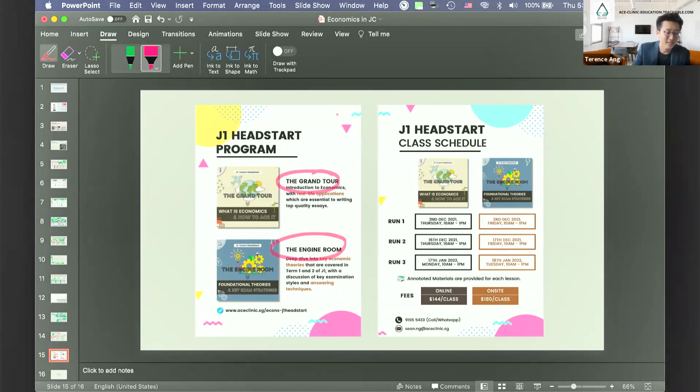The Grand Tour is a very high-level, macro view of the subject. We introduce students to what economics is about using elements that they are expected to see when they do economics in JC. There's a lot of discussion of real life newspaper articles and economic concepts in a very approachable and real life fashion.